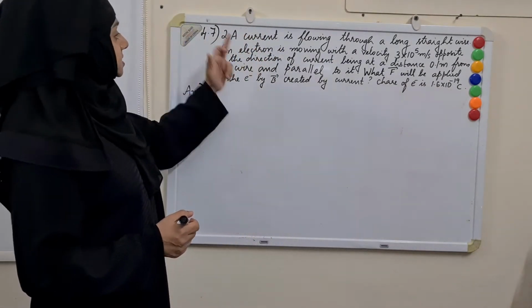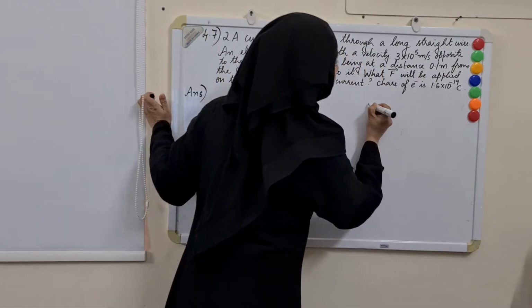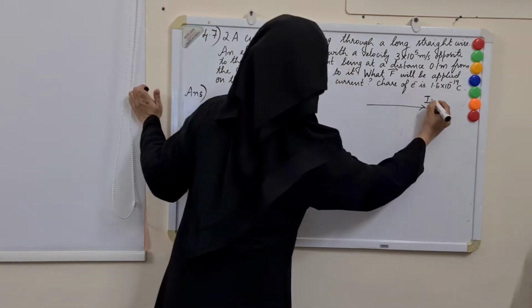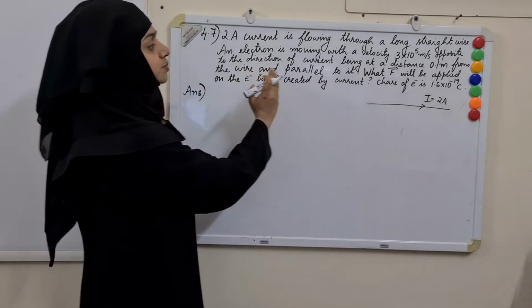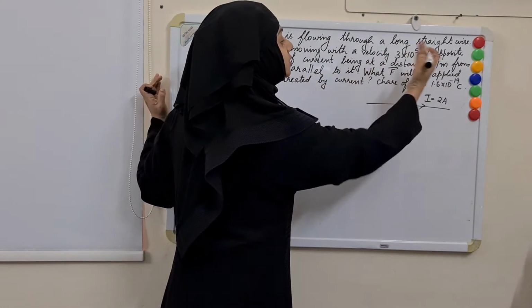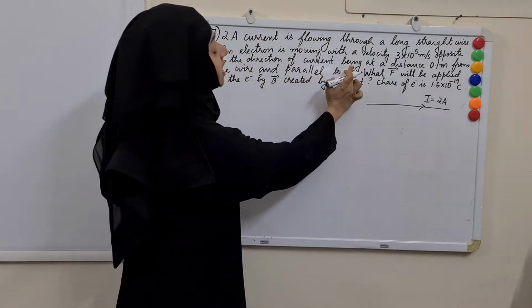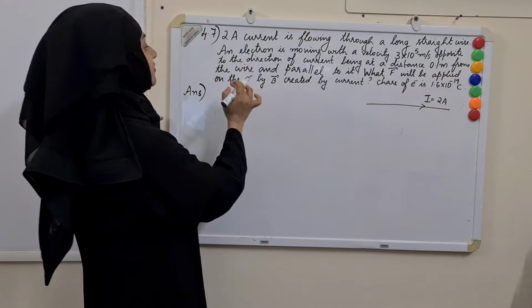So, let us see the situation. A 2 ampere current is flowing through a straight wire. So, let this be the current I, which is equal to 2 ampere. An electron is moving with a velocity 3 × 10 raised to 5 meter per second opposite to the direction of current at a distance 0.1 meter from the wire.